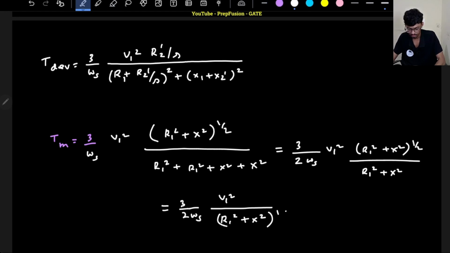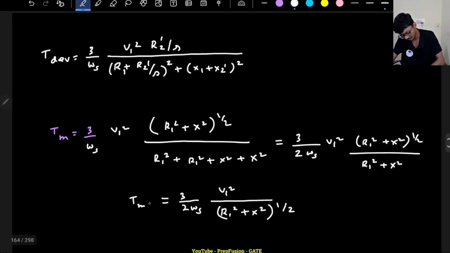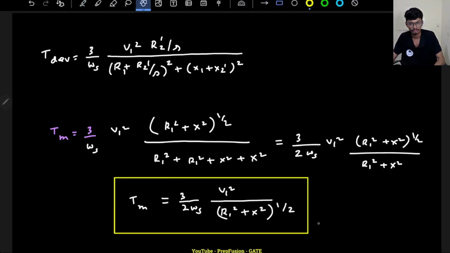Okay, so this will be basically the torque expression. This is the maximum torque expression. If someone wants to remember, they can, but I will not recommend it. I will tell you the next relationship that is very important, that you can remember, that will be very very handy for you.